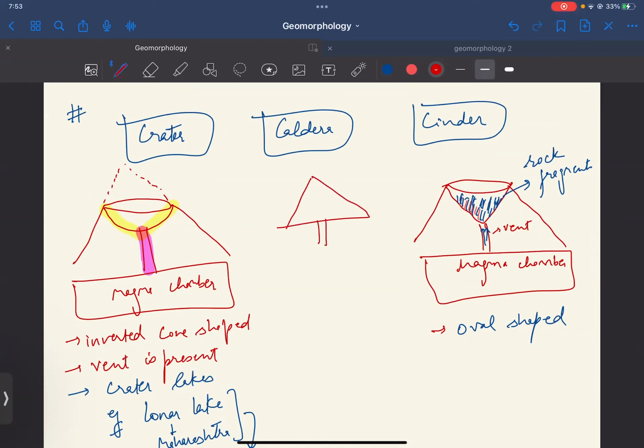The volcano is connected by a vent, a magma chamber, and this is the volcanic core. So now what is happening? Since this is the magma chamber, it is a source of molten magma. Now all the magma escapes to the surface of the earth. So the magma chamber gets emptied.